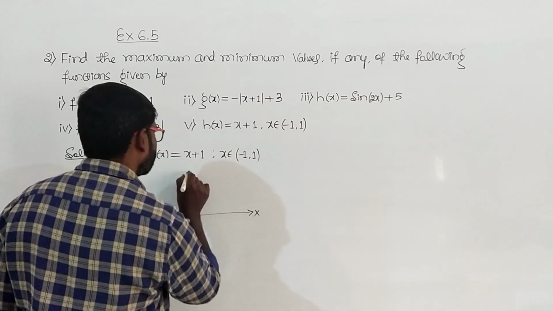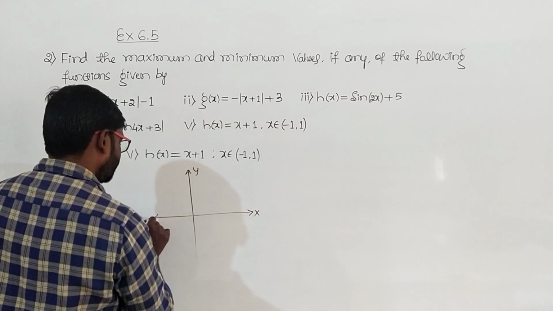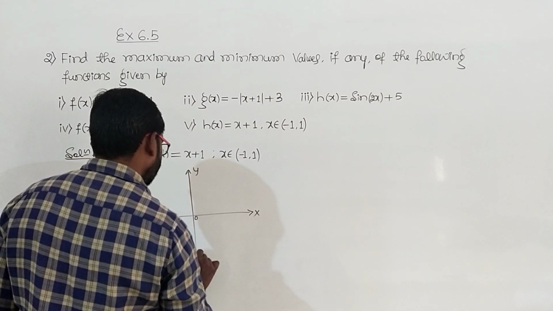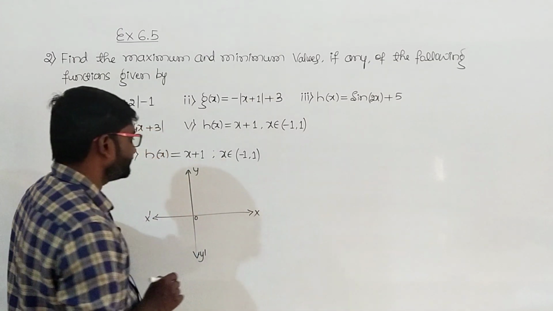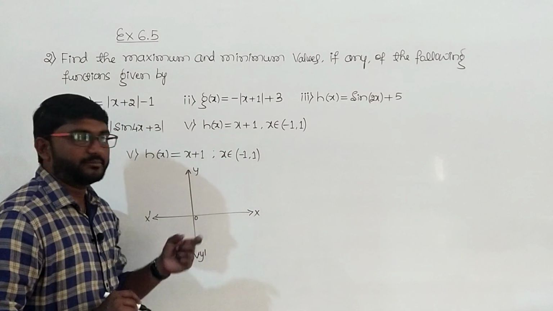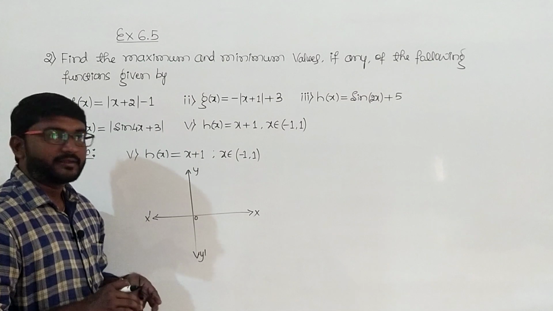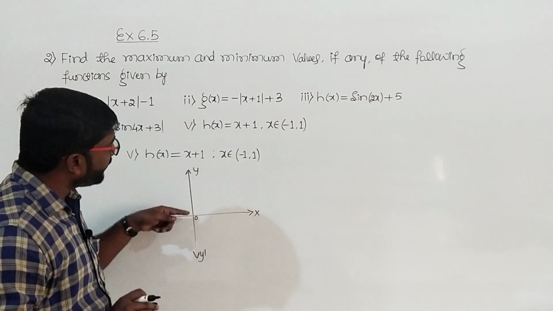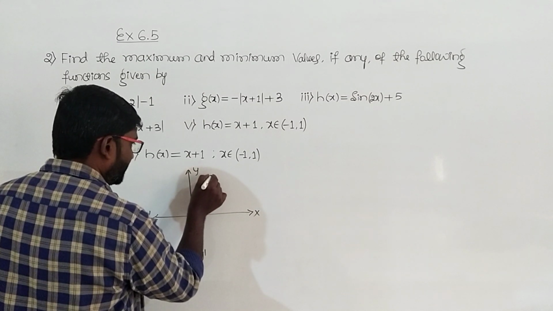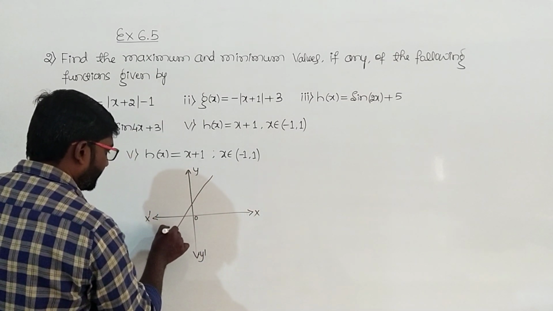This is x, y, x dash, this is the origin, this will be y dash. So now y equal to x is always a straight line passing through the origin, but here you have x plus 1. That means the graph must be shifted 1 unit vertically on the y-axis. So this will be the graph of x plus 1.